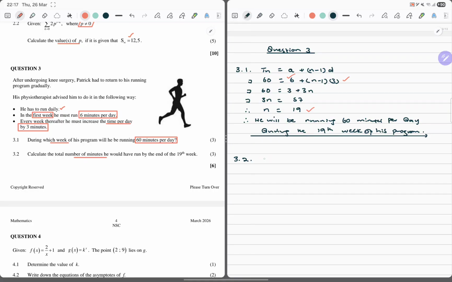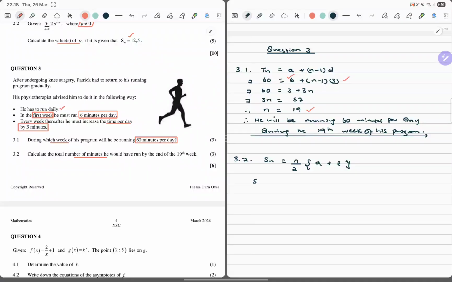We will have a sum formula, right? S sub n equals n over 2 into A plus L. So we've got S. Now, this question for me, calculate the total number of minutes he would have run by the end of the 19th week.